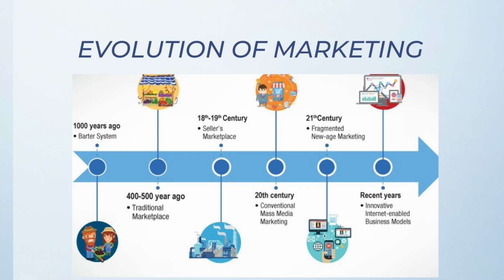If I want rice, I can go to the rice market and give him some silver, gold, or these metals, and I'll get what I want. So this was the whole marketing age.